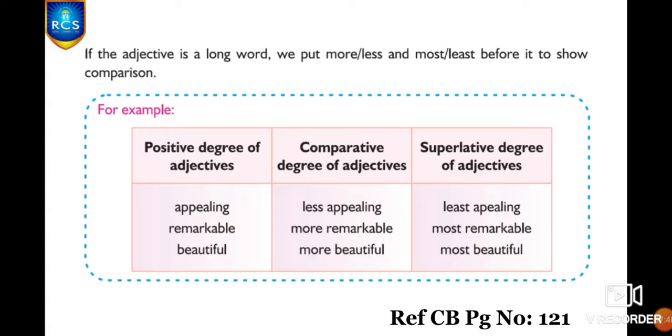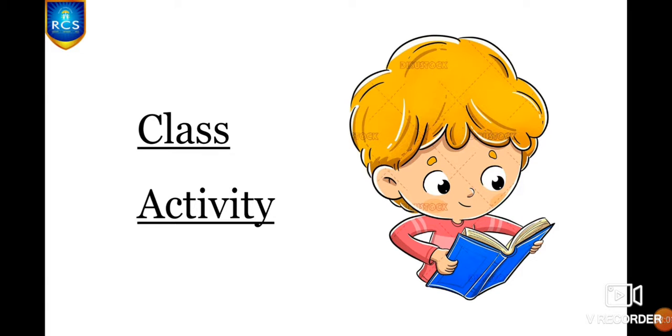And the second one is, if an adjective is long, we have to add more or less and most or least to show comparison. Appealing, less appealing, least appealing. Beautiful, more beautiful and most beautiful. Are you all clear about this, children?